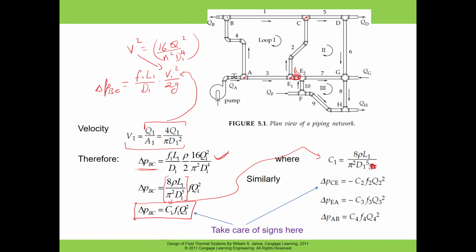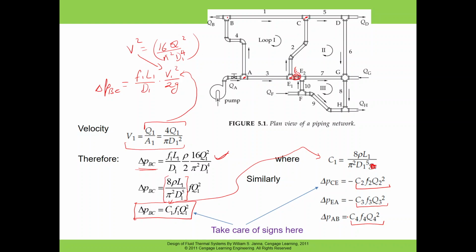And similarly, any other pressure like from C to E we can represent in this form, and from E to A we can represent in this form, and from A to B we can represent in this form. So here you need to take care of the signs, right? These signs depend upon the flow direction and the loop direction.